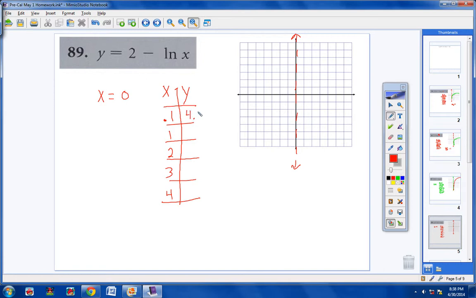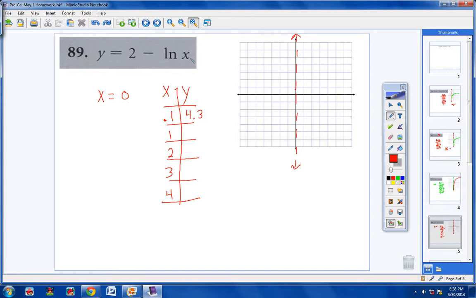If you don't do that, you have to take the natural log of 0.1, hit enter, then hit times negative 1, and then plus 2, because you have a positive 2, and that's really a pain. So I would encourage you to type in 2 minus the natural log of the number.